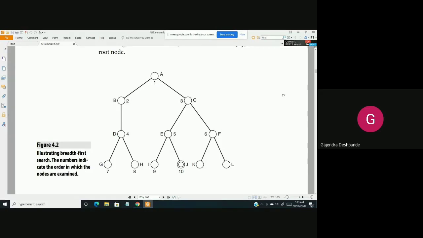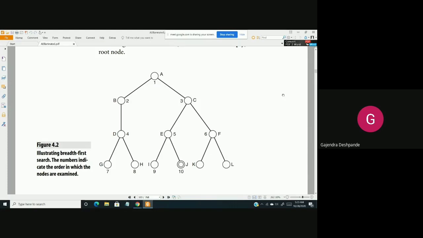Now breadth first search also has some problems. The problem is, what if your goal node is present at the extreme right of the tree? In this case it will result in visiting most of the nodes or all of the nodes on the tree.